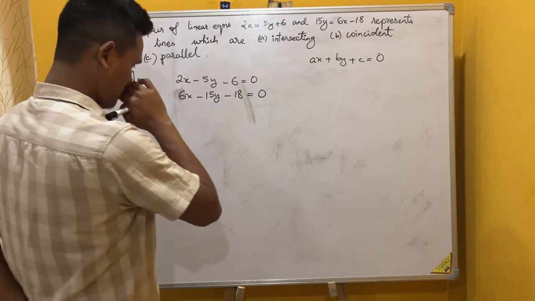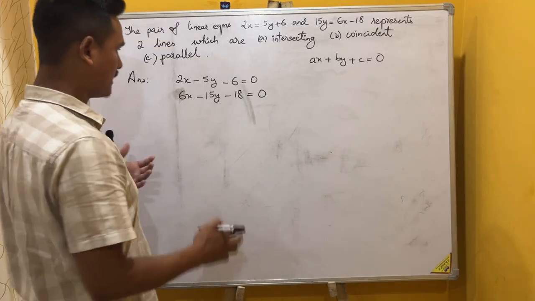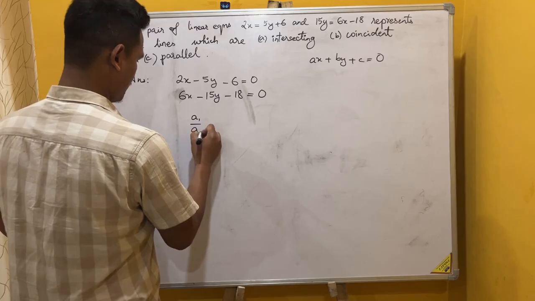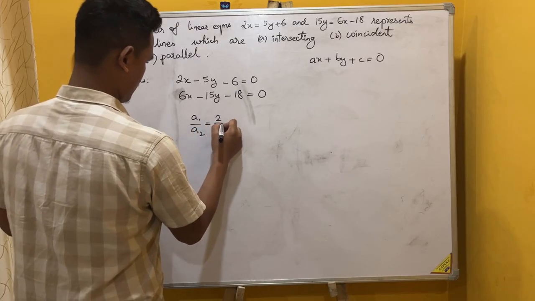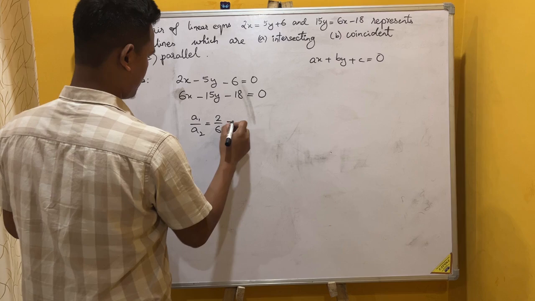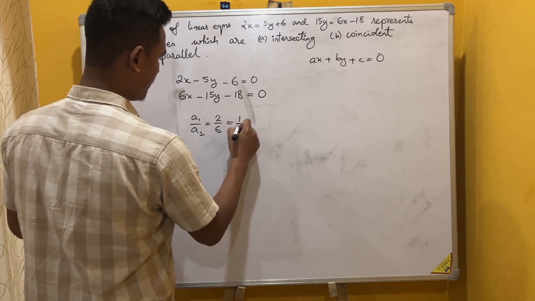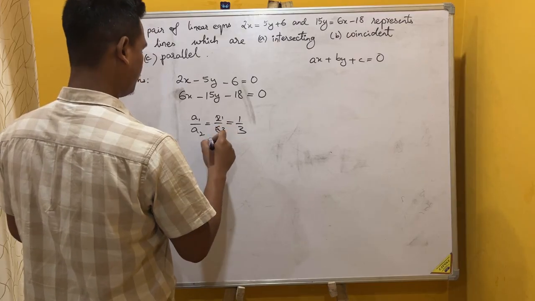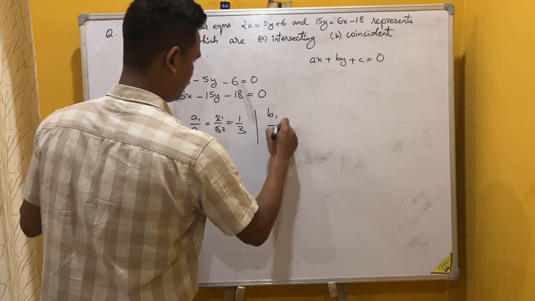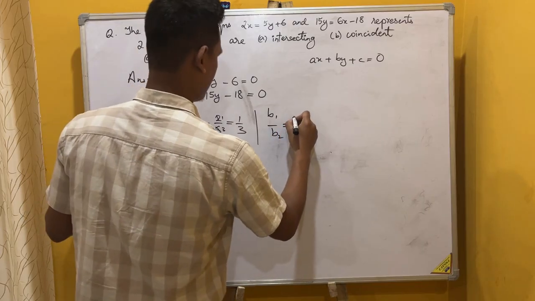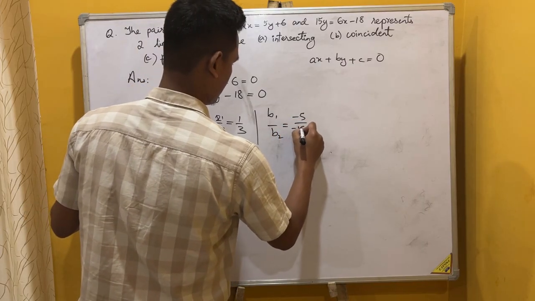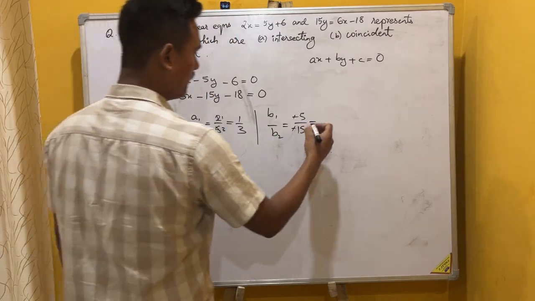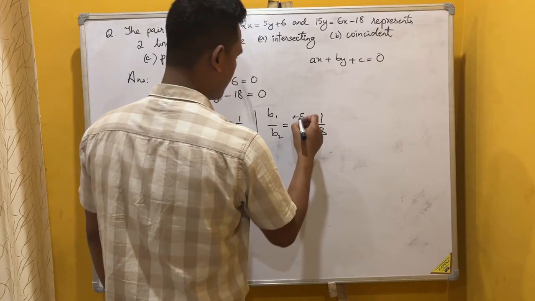So let's check the ratio of the coefficients, that is a1 upon a2. So this is 2 by 6, which is 1 by 3. Minus minus gets cancelled. 5 threes are 15, so it is 1 by 3.